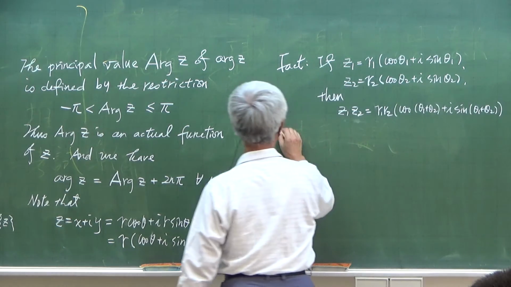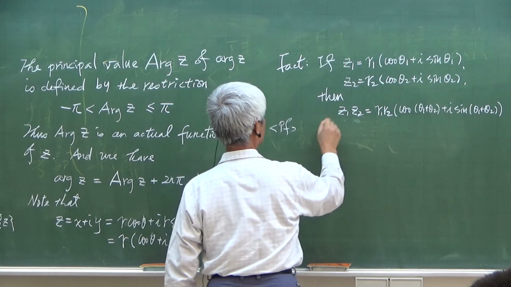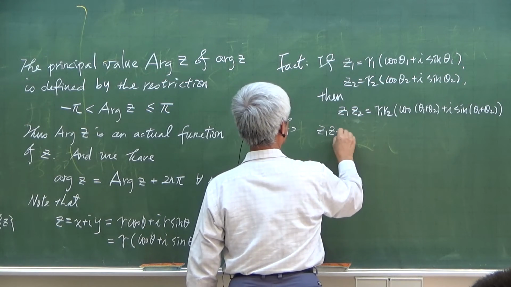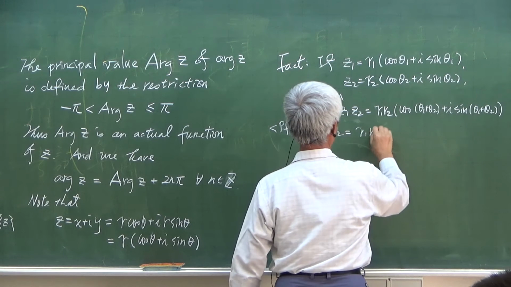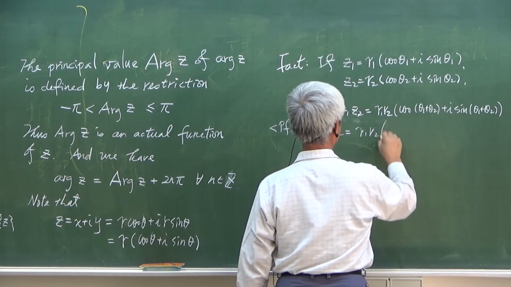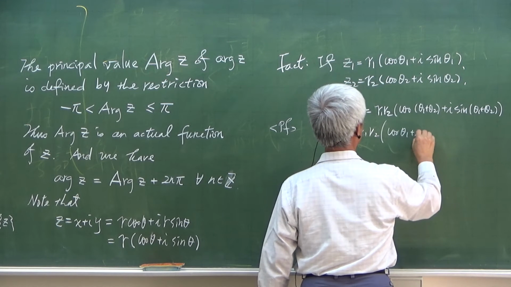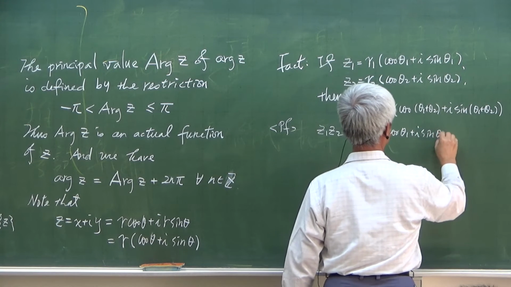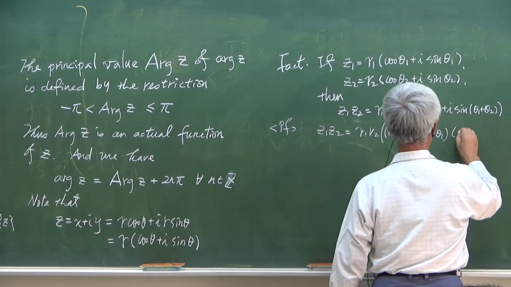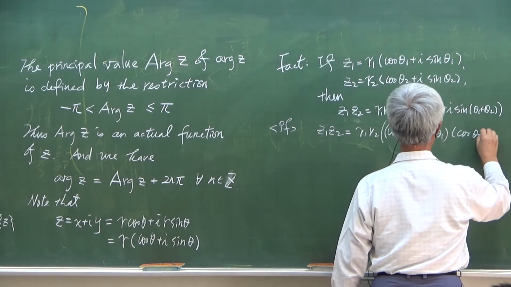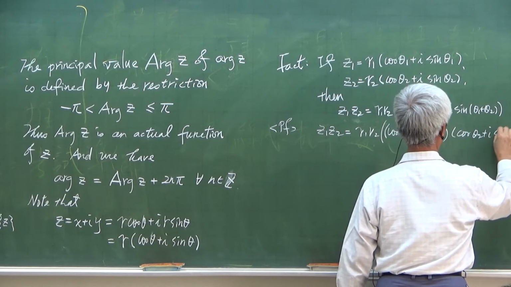So the proof is quite straightforward. We know this is R1 R2, and so we have cosine theta 1 plus I sine theta 1, times cosine theta 2 plus I sine theta 2.